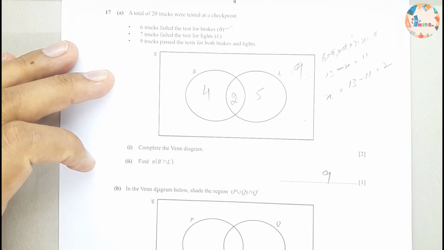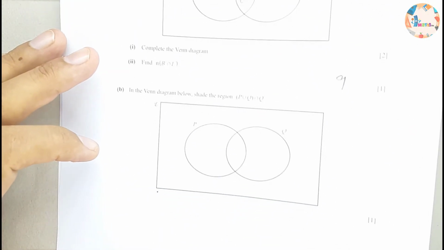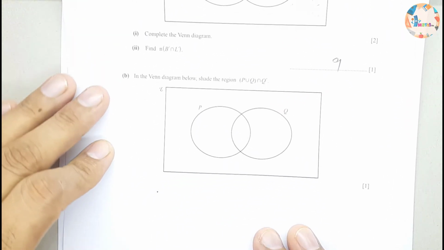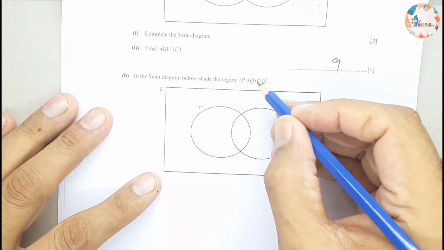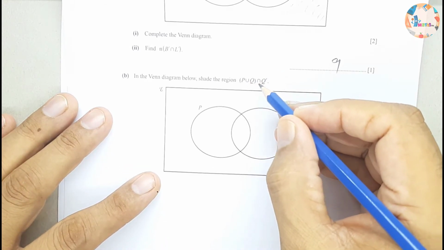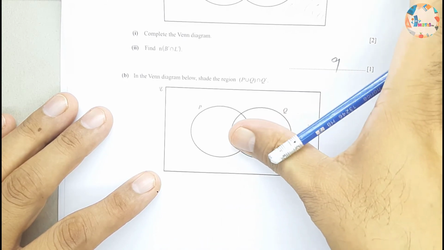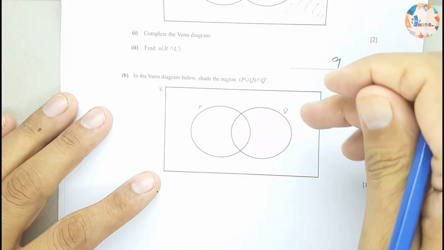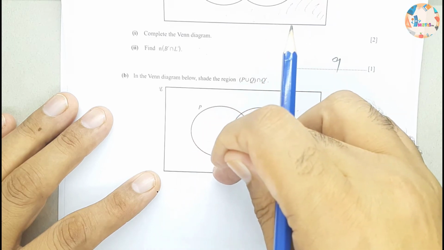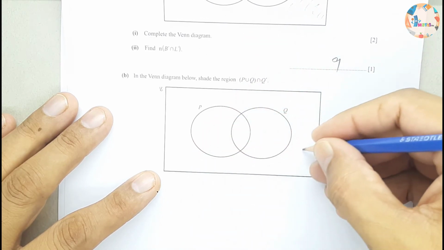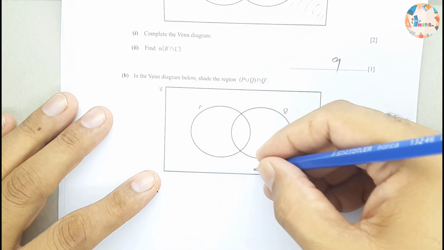In the Venn diagram below, shade the region. We have to shade the region P union Q intersection Q complement. Q complement will be whatever is not in Q. So not in Q means this P, this portion, and this whole portion will be shaded.